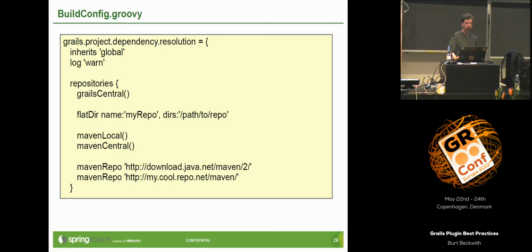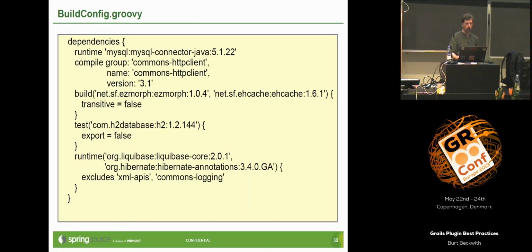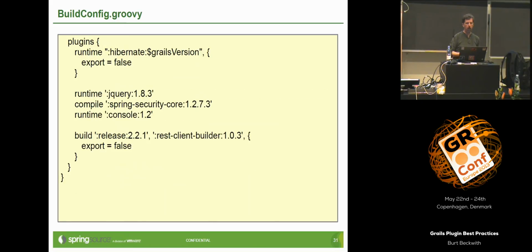You guys probably know about BuildConfig.groovy. It's pretty cool. You can do a lot of high-end stuff there. And now, of course, we don't use install-plugin anymore, right? Nobody uses it because it's deprecated. I don't know if you've played with 2.3, but it's actually gone in 2.3. Well, it's not gone: install-plugin now just prints out the code that you should copy and paste into BuildConfig, and uninstall-plugin says, nope, I can't uninstall the plugin, delete that from your BuildConfig.